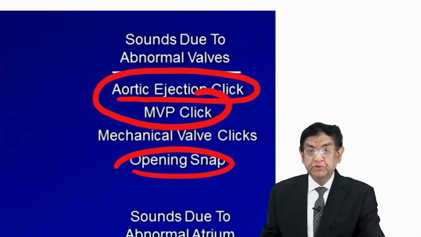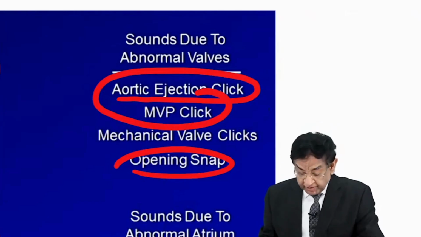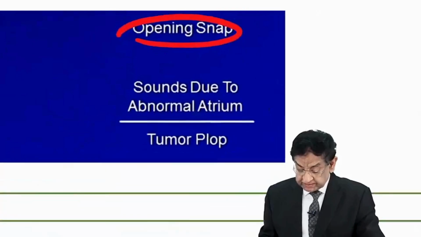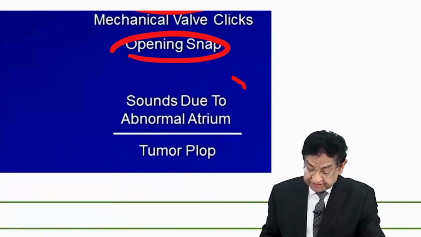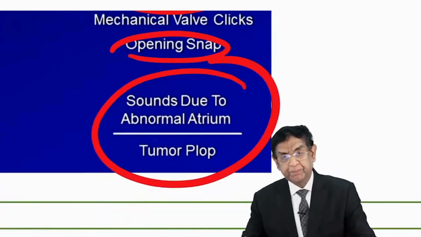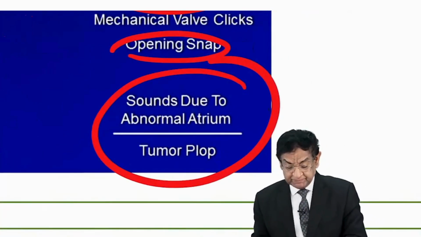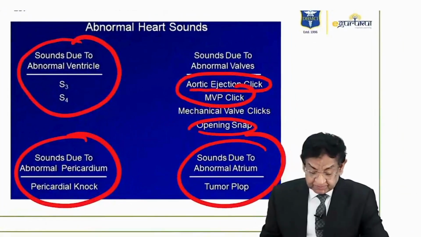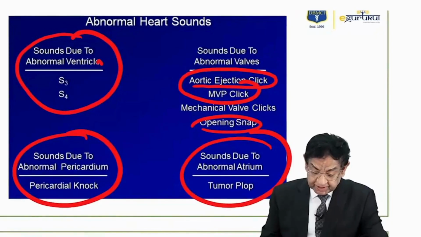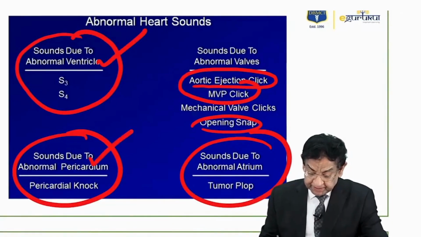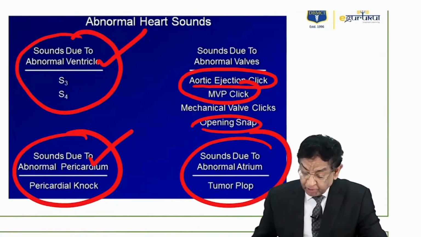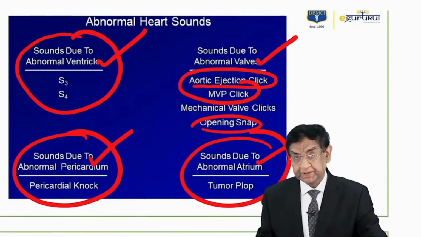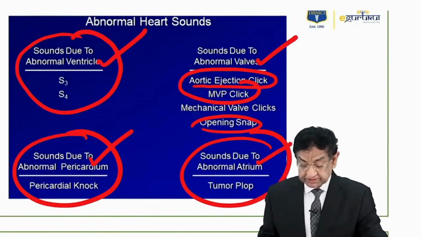They're all due to abnormal valve. And sound due to abnormal atrium is tumor plop. It's a beautiful summary. So, other than the routine sounds: abnormal ventricle, abnormal pericardium, abnormal valve, and abnormal atria. This is a summary of the abnormal sounds.